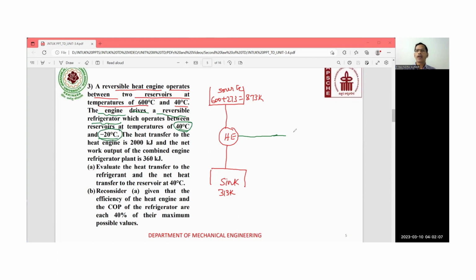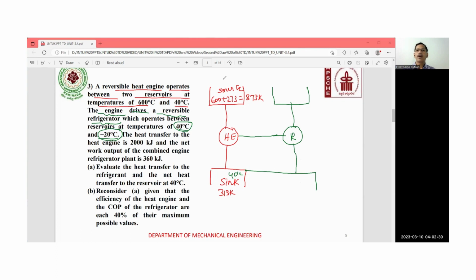Now come to the refrigerator. It is going to operate between this one and 40, because 40 is already mentioned here, so I will connect the same thing to this one so that the directions are connected, right?